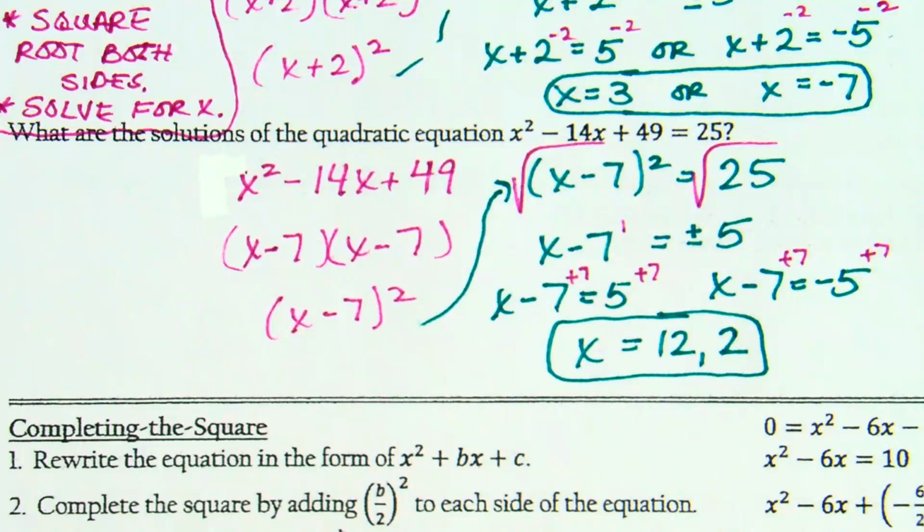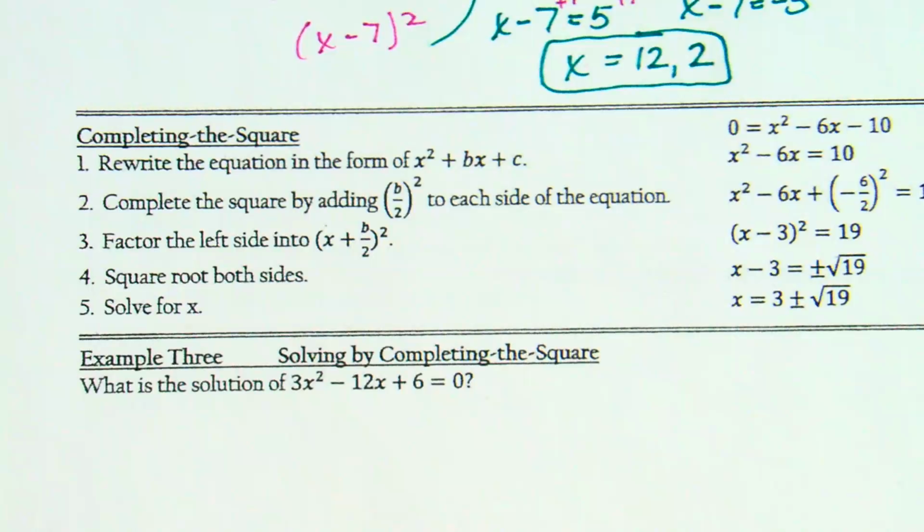Okay. Moving along. That leads us directly into completing the square. Now, please listen. We're going to look at these steps here. First of all, one more typo. This is supposed to say x squared plus bx equals c.